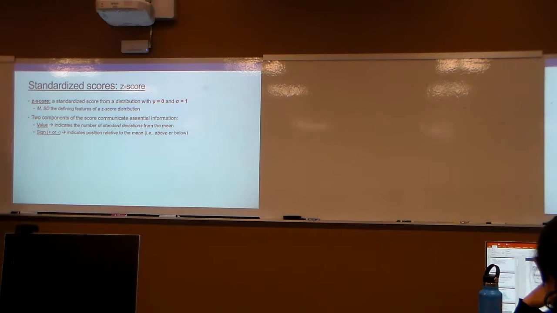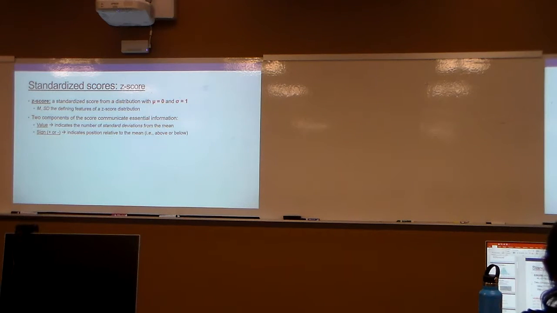And if we have a nice standardized normal distribution, we can start to calculate z-scores. Okay? By definition, a z-distribution, just as a recap, is any distribution that has a mean of 0 and a standard deviation of 1. Mean and standard deviation, so this is the defining feature of a z-distribution.